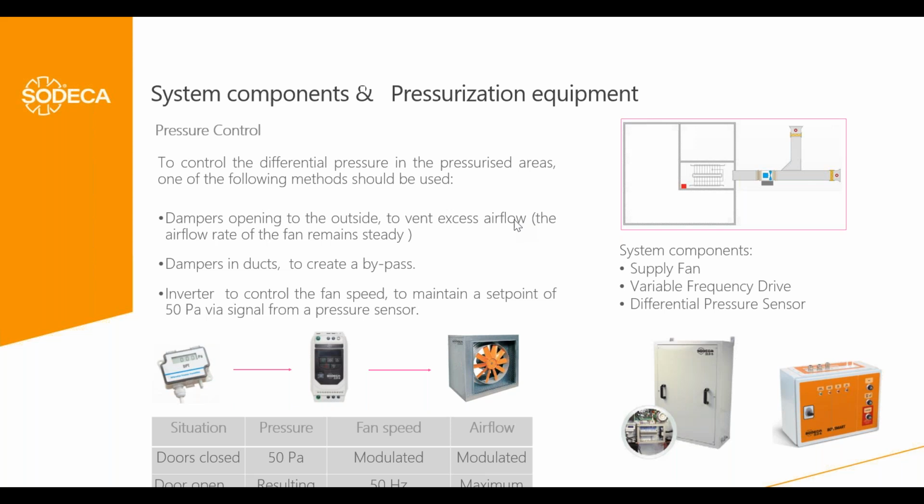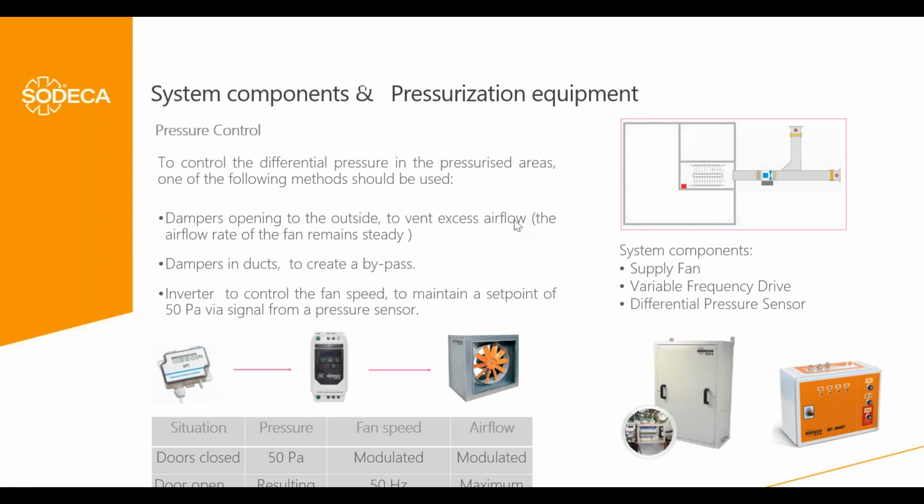So in the door closed condition, where we have to maintain this 50 pascals in the old Part 6, 30 pascals in the new Part 13, what we do is reduce the airflow by reducing the velocity, so modulating the fan speed. Again, when we open the door, as the pressure difference in the staircase drastically decreases, we need to increase the velocity, because the pressure sensor will be reading, for instance, 10 pascals, and will say to the inverter, okay, I'm reading 10 pascals, and the inverter will say, okay, but I want to have 50 pascals, so I have to increase the velocity, and so increase the flow.